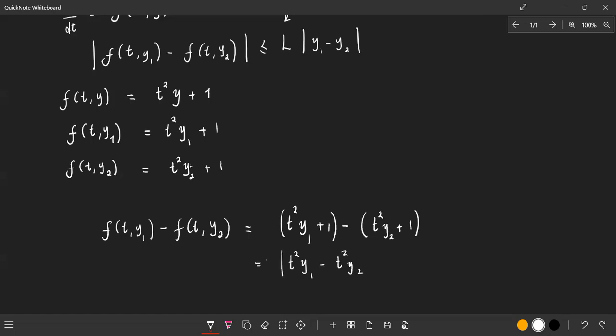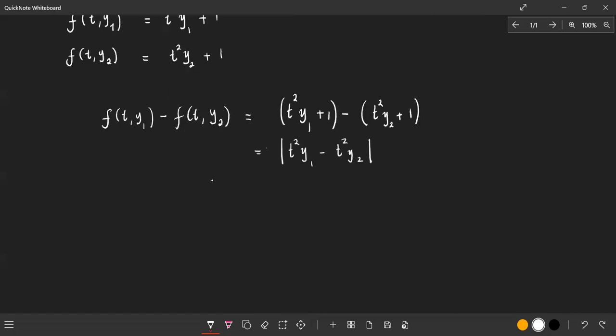So we need the mode of this, right? You notice that according to this condition, f of t comma y1 minus f of t comma y2 should be less or equal to that. So let's see.